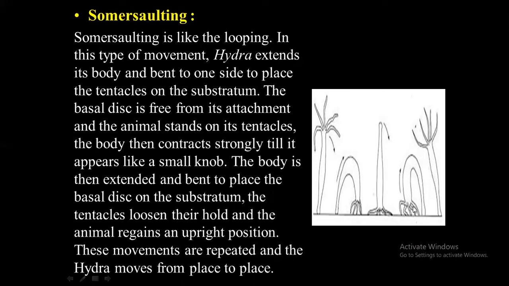Then they again free their tentacles and upright their position, and they complete their locomotion. By this process they can move from one place to another. They create two loops: here is a loop and here is another loop. By looping, only one loop is produced, but by somersaulting, two loops are produced.